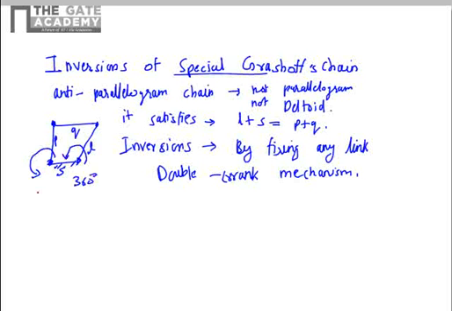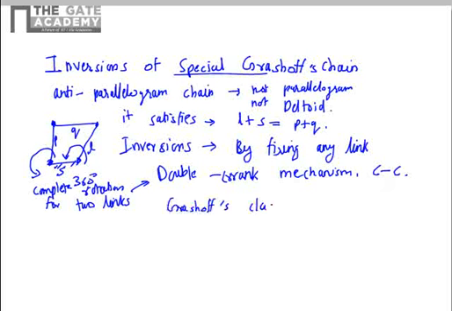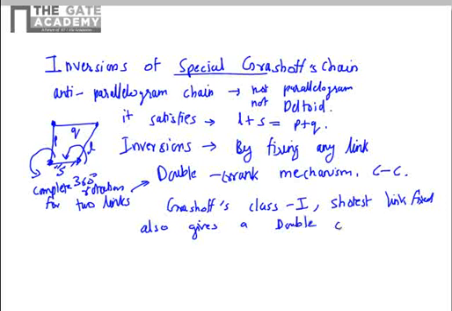So complete 360-degree rotation is possible for two links. So this is the double crank mechanism. There are two cranks in the system. If you recall our earlier discussion on the Grashof's class 1 kinematic chain, if you fix the shortest link, that also gives a double crank mechanism.